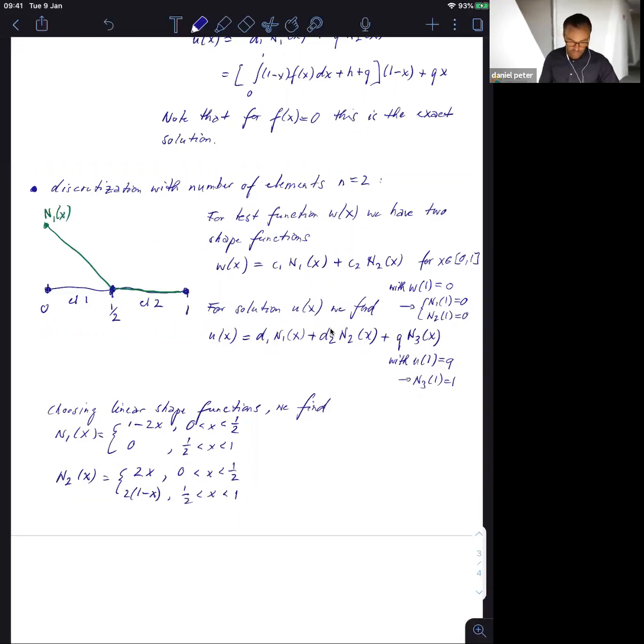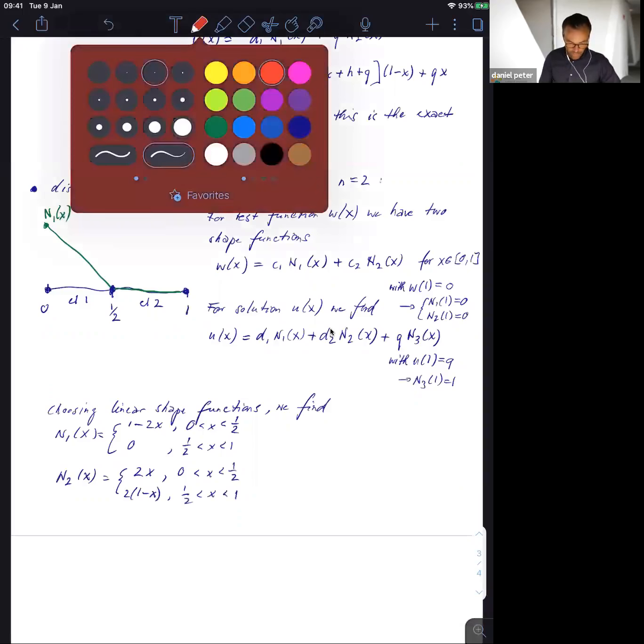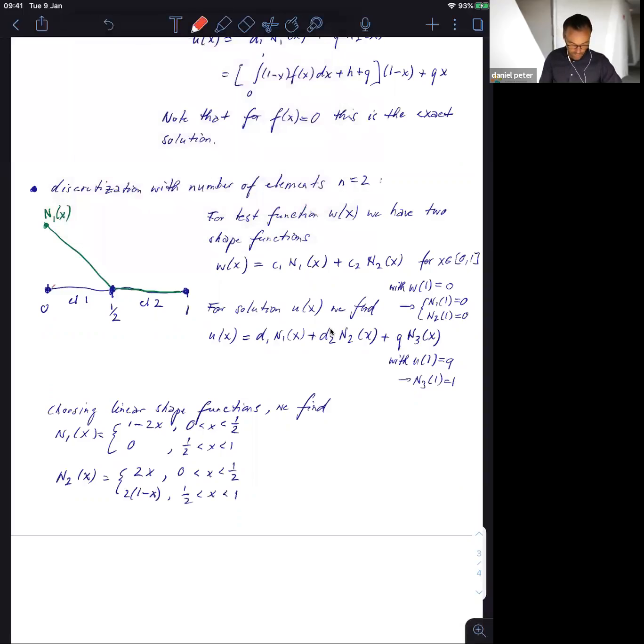How would that look like? So this would be n2 of x is 1 at 1/2 and 0 on the other two nodes.